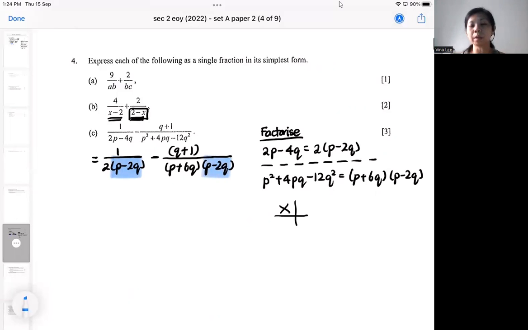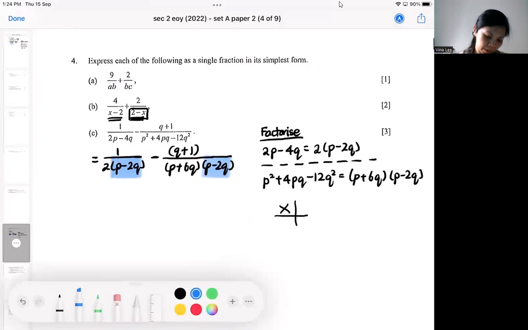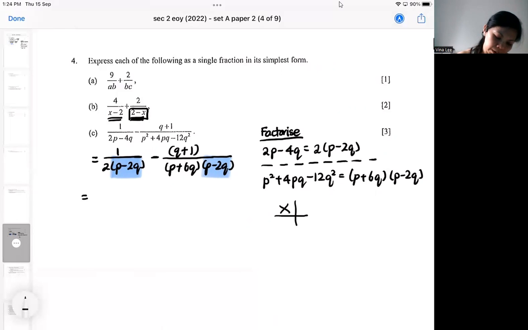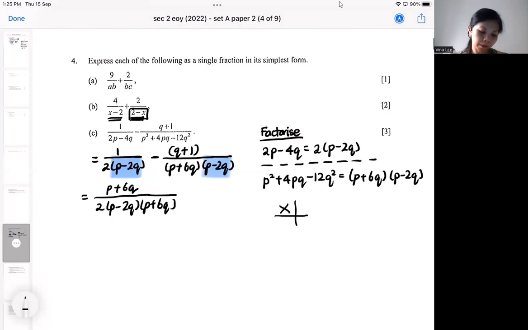So do you realize these 2 brackets are already common? So for the first one, I just need to multiply a p plus 6q. For the second one, I just need to multiply a 2. Then I will get same denominator.